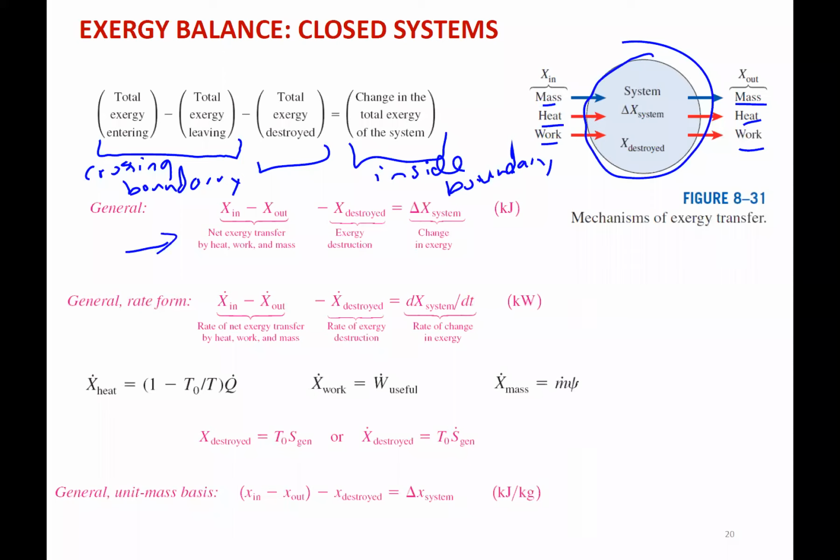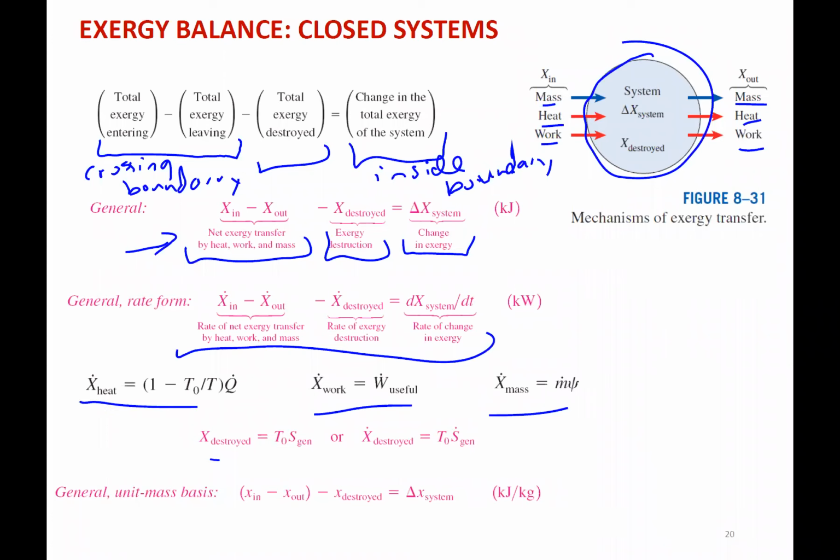Okay, so now we put it into variable forms. This is what's crossing our boundary, x in minus x out, the change in exergy inside our system, and then the exergy destroyed. Okay, and then in rate form, we're just dividing by delta t and making that go to the limit, go to 0. So then we have our exergy balance for non-rate form and rate form, and then here they're just showing you all the different parts of the exergy, right?